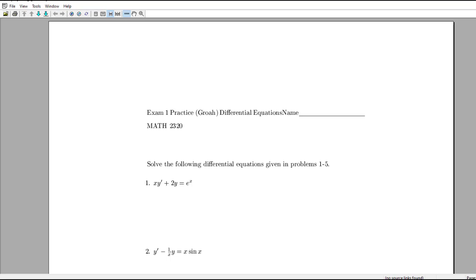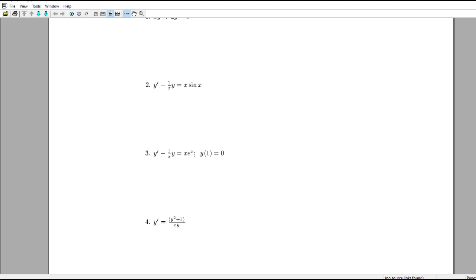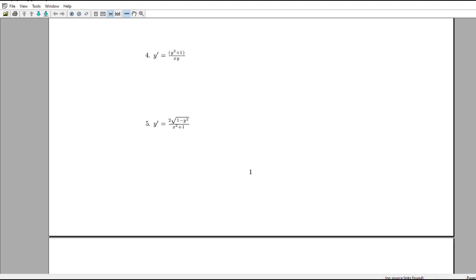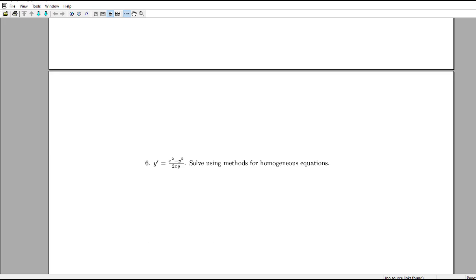My exams generally look like this. I'll scroll down so you can see more of what the practice exam looks like. This is the practice exam that we'll be going over today.